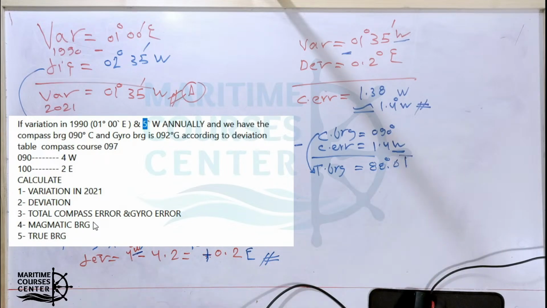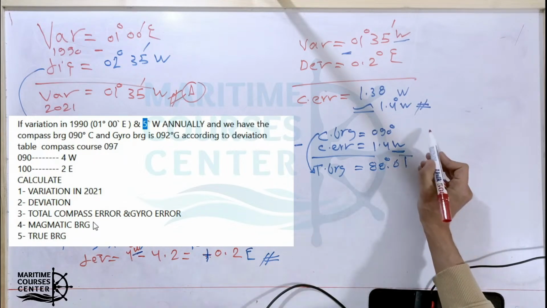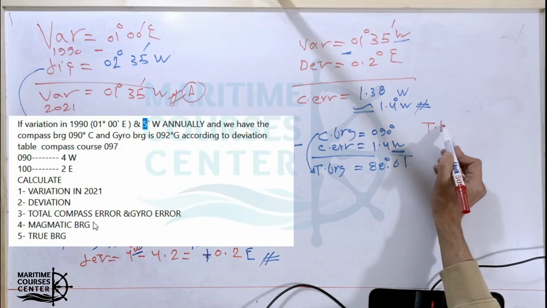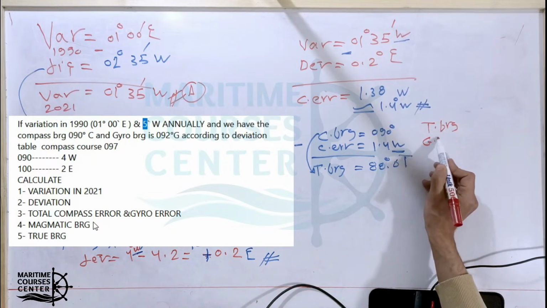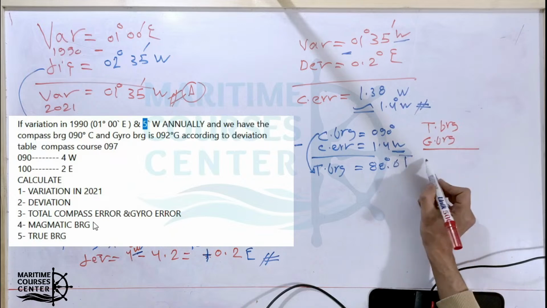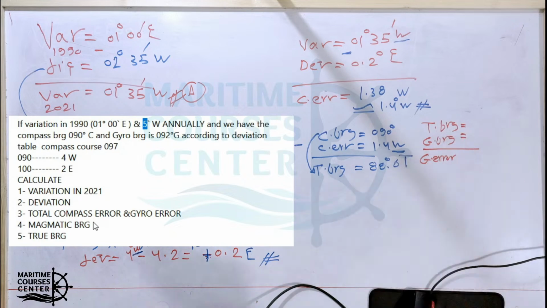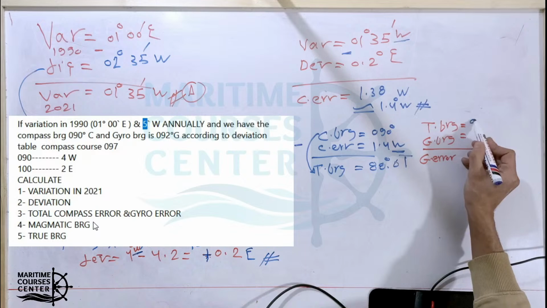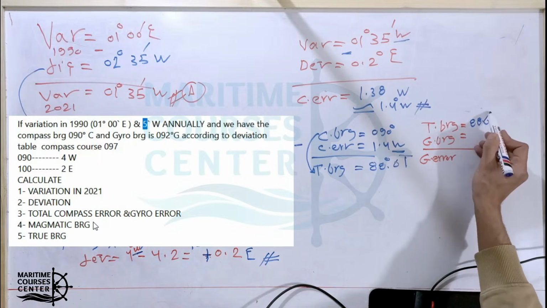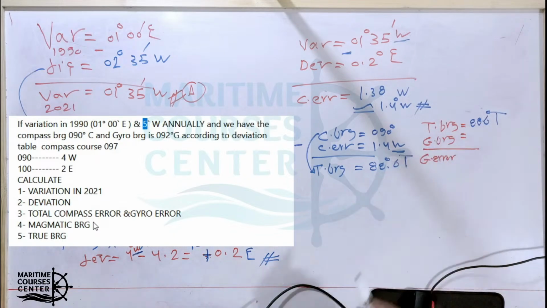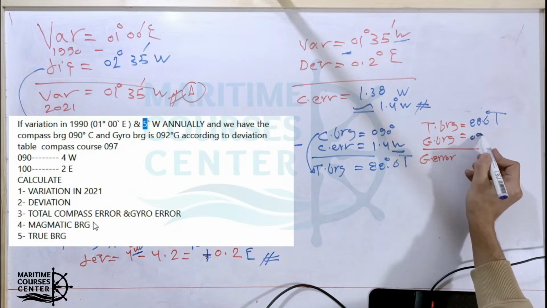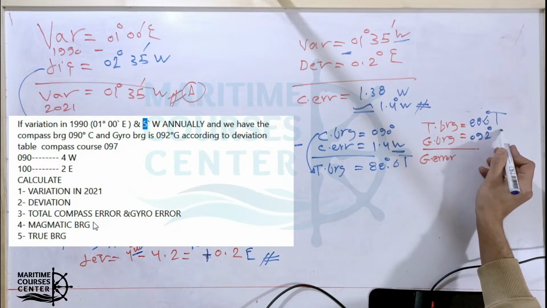Okay, that's good. And we also have the gyro bearing. When we put this true bearing and this gyro bearing, the subtraction is going to give us the gyro error. So right now the true bearing is 88.6 degrees true, and the gyro bearing we have in the exam is equal to 092 degrees gyro.